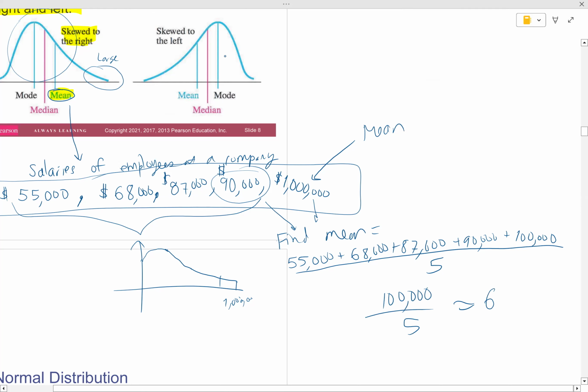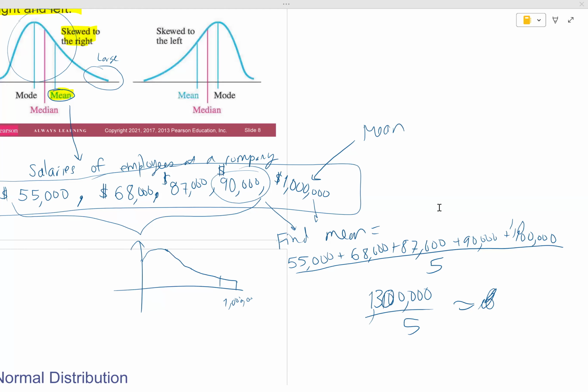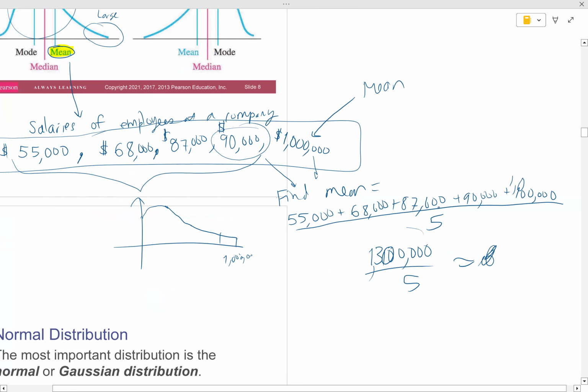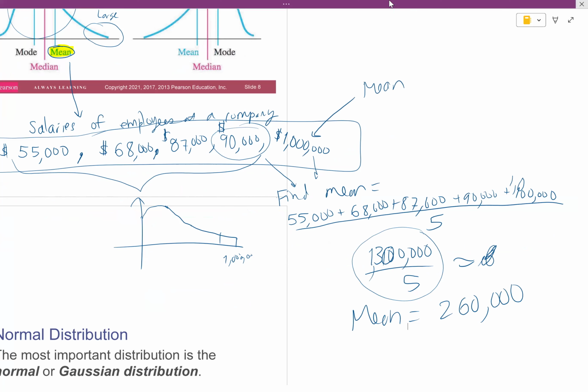Wait, that can't be right. What did I do wrong? Hold on. Sorry about that. My big fingers pressed the wrong buttons on the calculator. It should be 1,300,000 divided by 5. That'd be 260,000. So the mean of those salaries up there is 260,000.